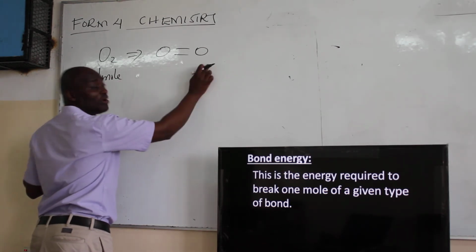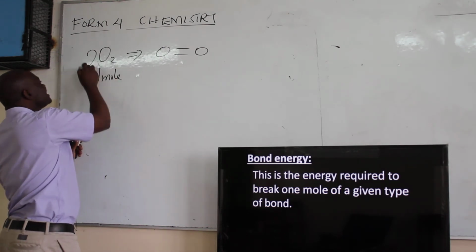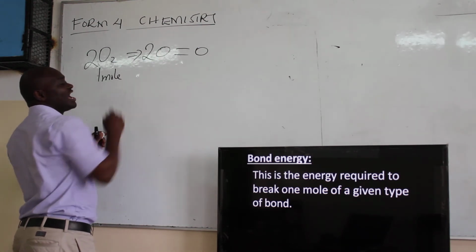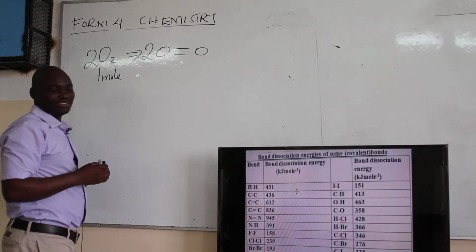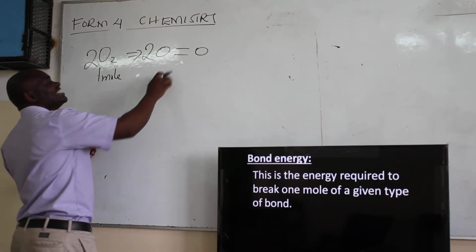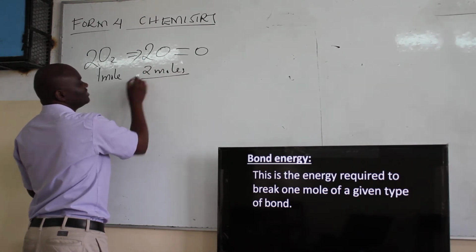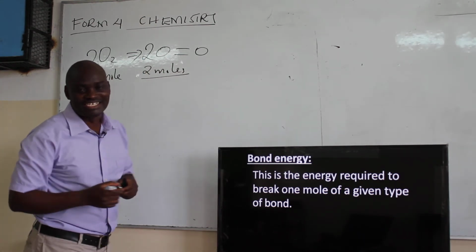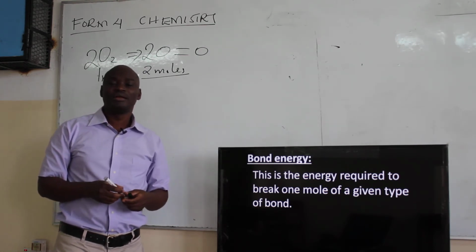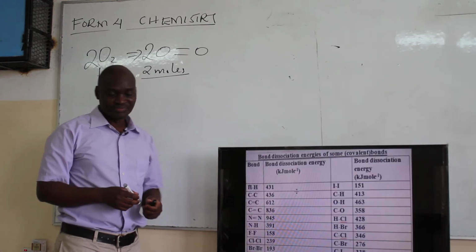If we put two here, those are two moles of oxygen-oxygen double bonds. So the energy required to break one mole of a given type of bond is what we call bond energy.